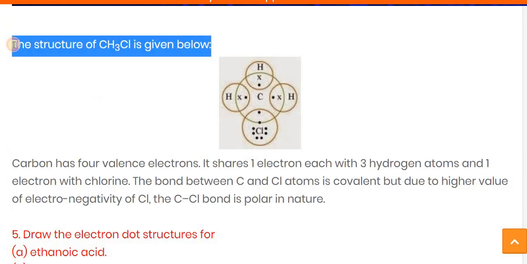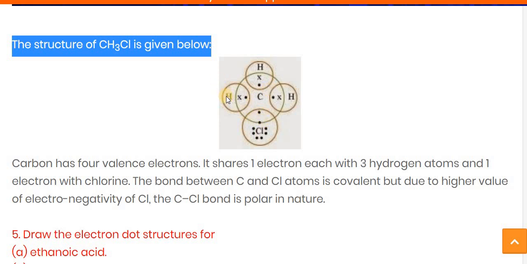So the question is: write down the bond nature in CH3Cl. CH3Cl means chloromethane. So here the electron dot structure of chloromethane is given, and you can see the carbon has 4 electrons and it shares 1 electron with each hydrogen, meaning the 3 hydrogens, and 1 electron is shared with this chlorine.